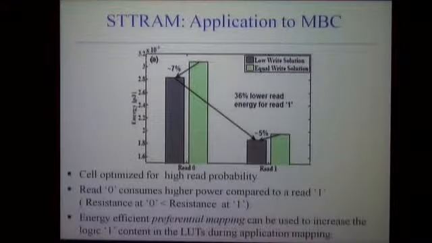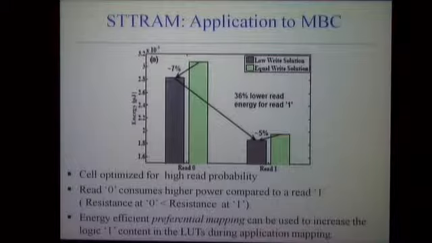So obviously, my cell design should be geared towards a high read probability, because that is going to give me an energy advantage over the equiprobable counterpart. Understanding the nature of this scenario, we can bias our cell design towards a higher read probability. But the next question is, can we do more?